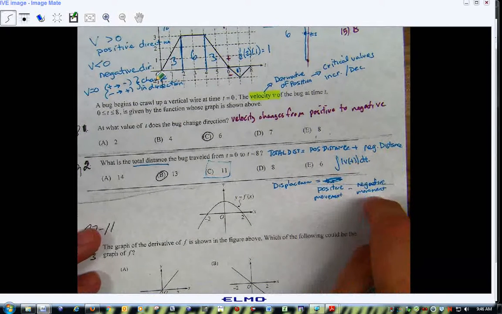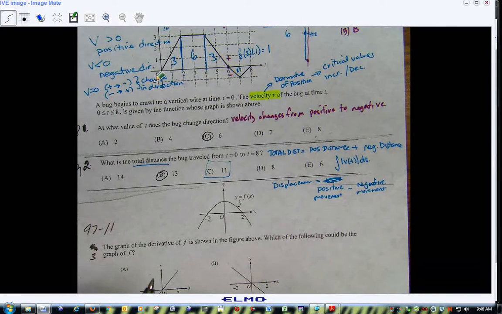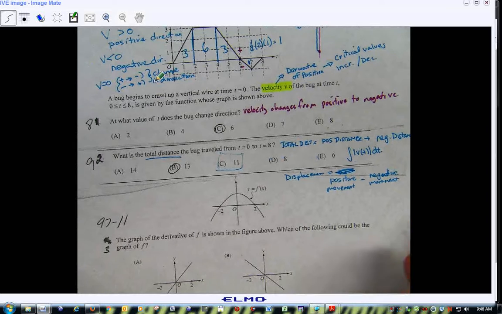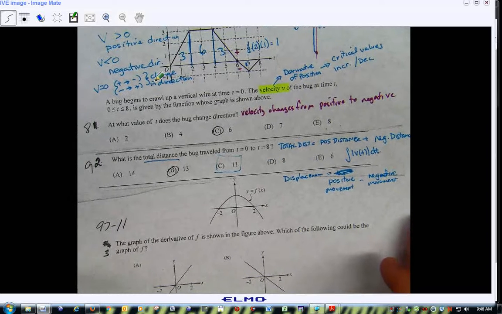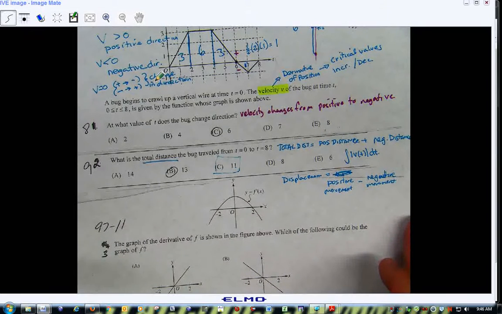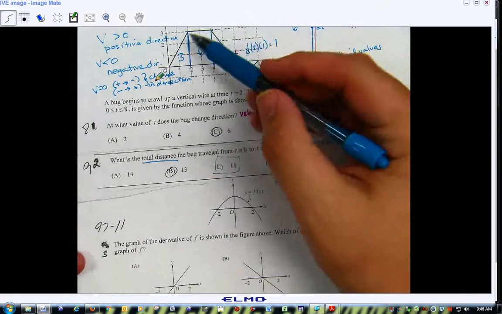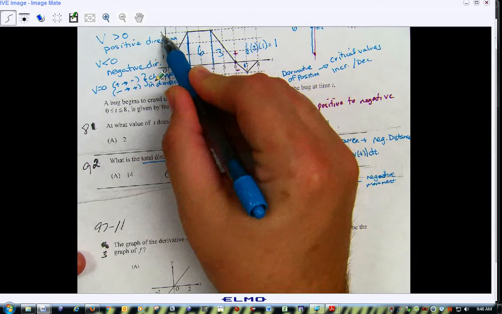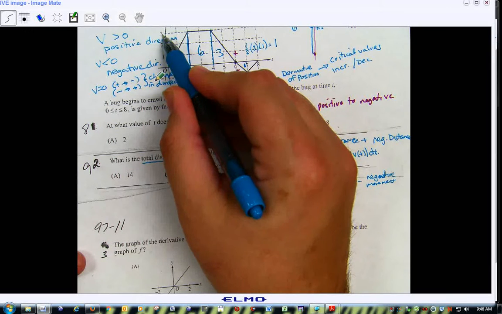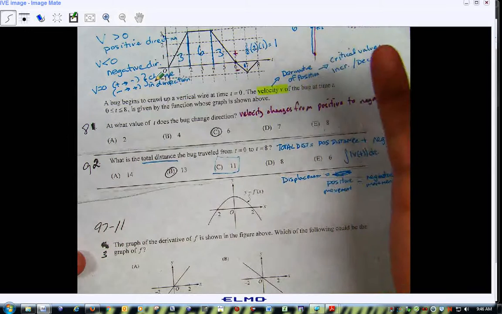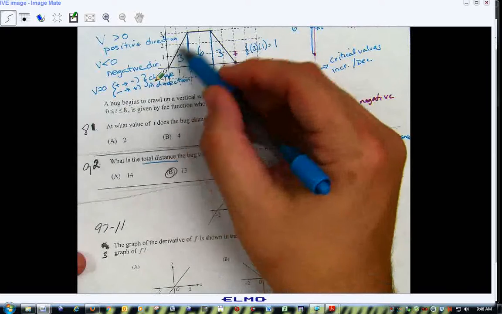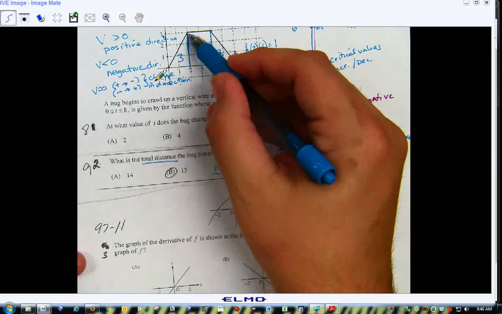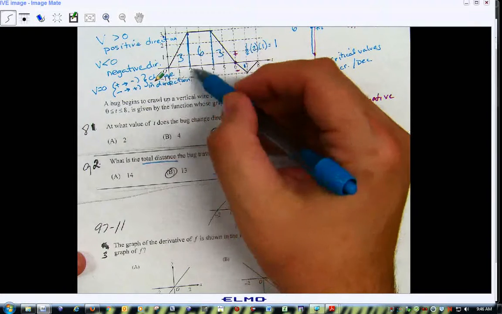So for the displacement, if we were trying to take displacement, it went 3 up, and then we don't count that middle portion because it stayed constant. His velocity stayed constant, but his velocity was 3. So he started here, he went from 0 to 3, and then after 2 seconds, he went from 0 to 3.